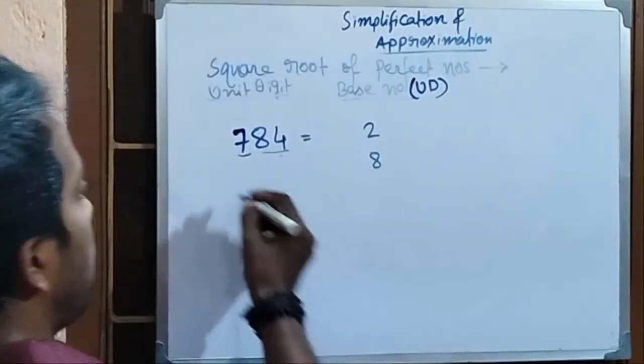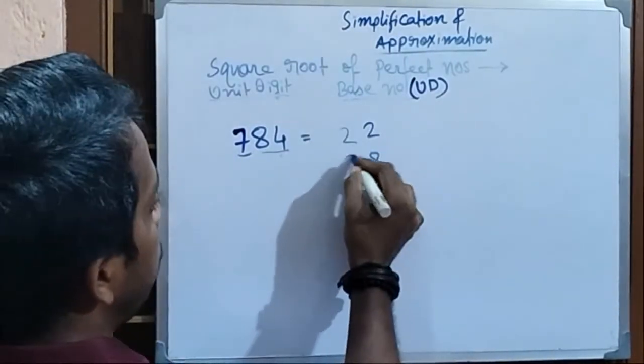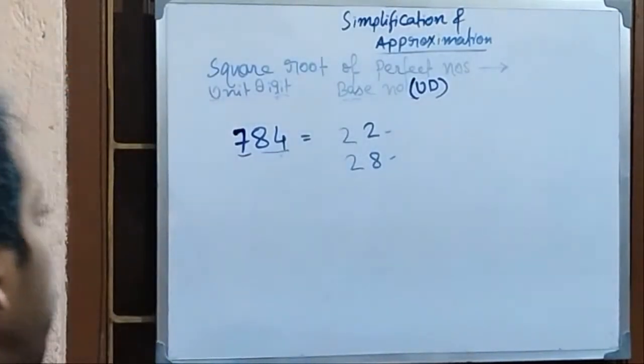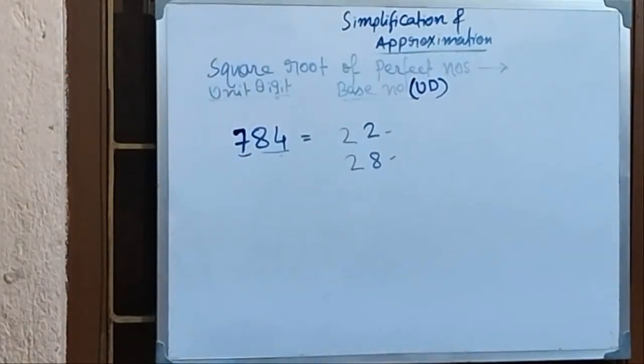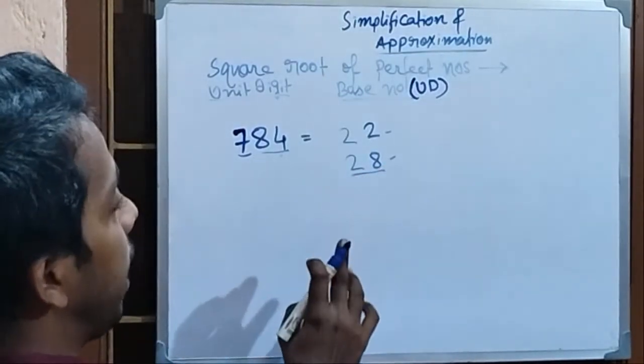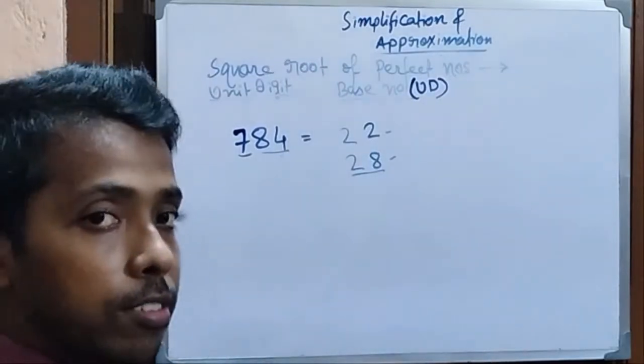Okay, so 22 and 28. Out of these two, one is the answer. How are we going to find out which one is the answer? Yes, we know that 28 is the answer, but we should not just write it because we are understanding the process here. Okay.